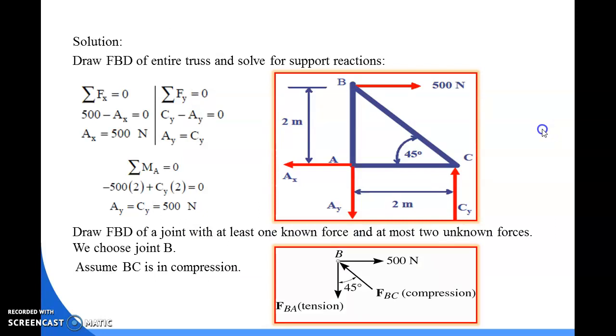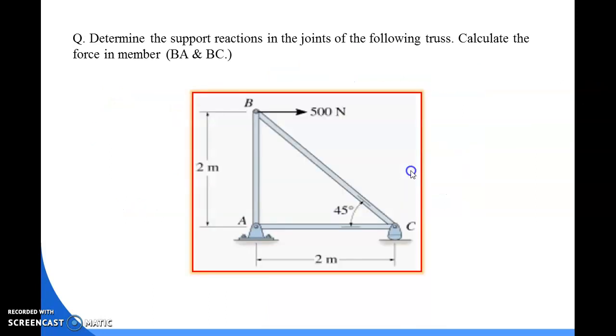According to the procedure, first of all we need to draw the FBD, that means the free body diagram of the given truss. So here is the free body diagram of this structure.